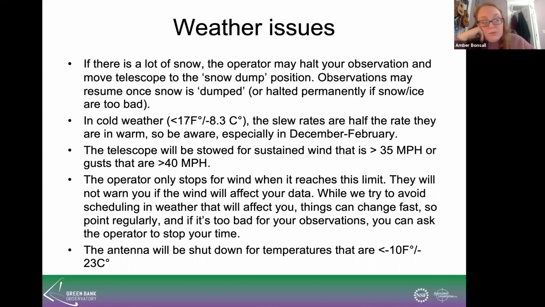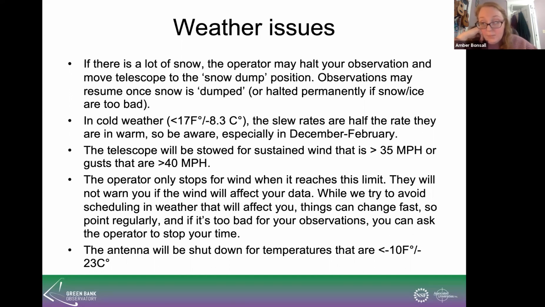You have the right to always say, I'm not getting good data because of the weather. Can you do a filler project? You're allowed to say that, but the operator can't make that choice for you. But you can ask them to stop your time, and then they'll give Tony a call and get a filler project.